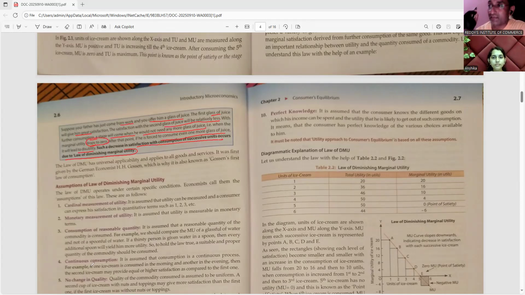Now, some assumptions are given related to diminishing marginal utility. See, the MU is not applicable everywhere. After the study of assumptions, we'll understand it is not applicable; you can say a few things are exceptional. Suppose you like to read newspapers, and your dad has given you time to read the newspaper.